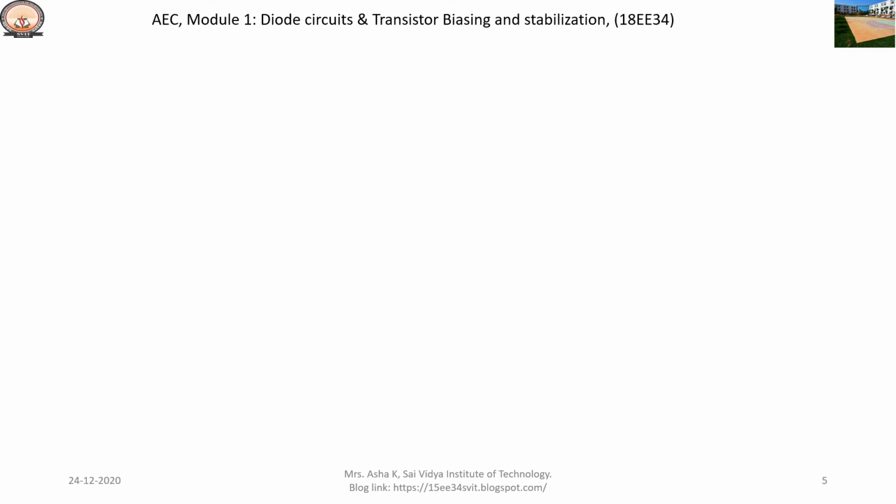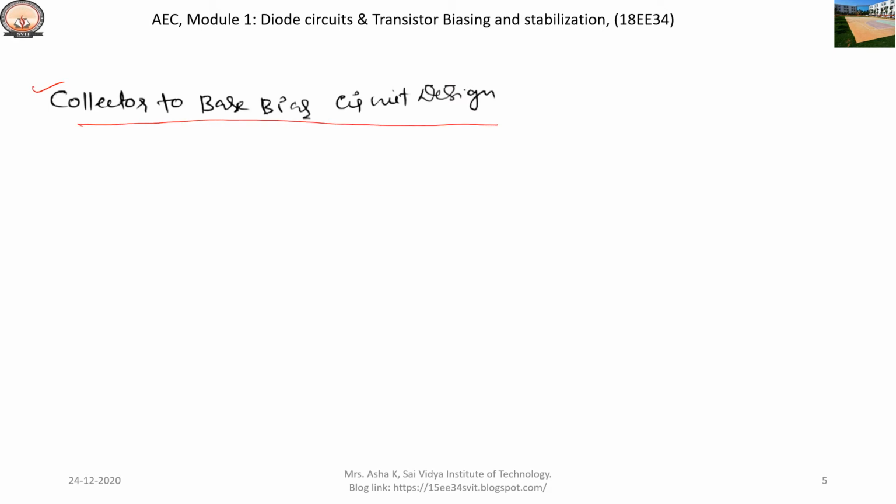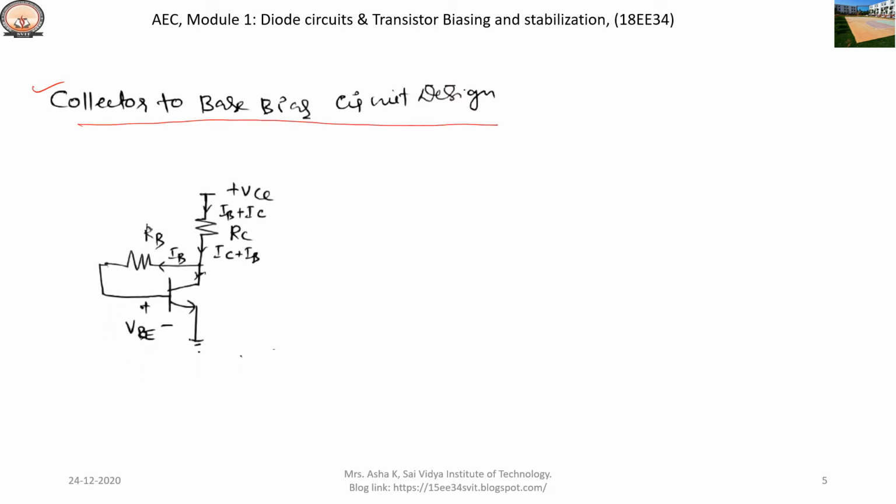Now, we are going to learn the design equations for collector to base bias circuit design. The collector to base bias circuit design is shown here. To find the values of RB and RC, first we'll write IB is equal to IC divided by hFE, or this is nothing but IC divided by beta.